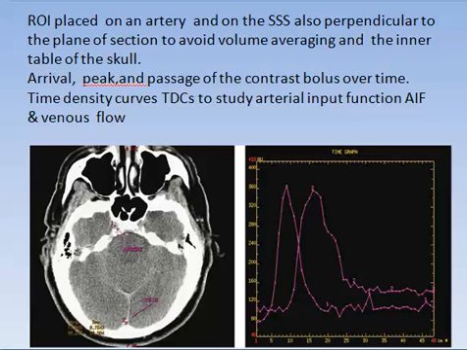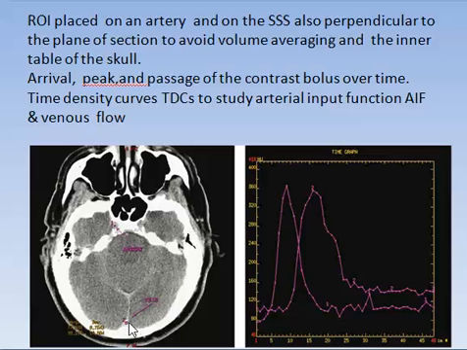To study the arterial input function, the AIF, we are using what we call a time density curve. This is a time density curve, the change of density with time. How to do it? We have a region of interest. We put the region of interest on an artery and on the superior sagittal sinus.